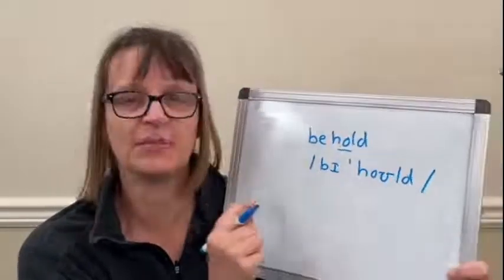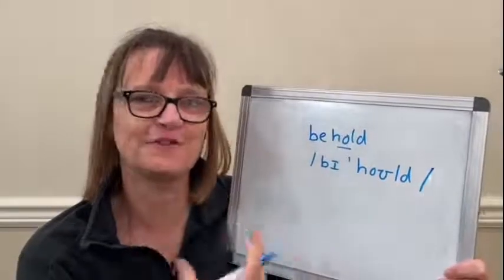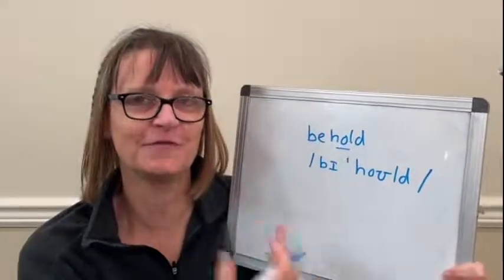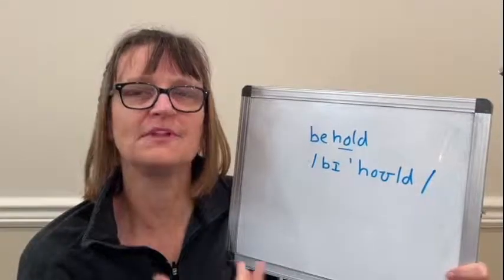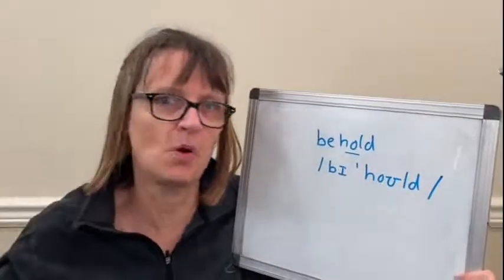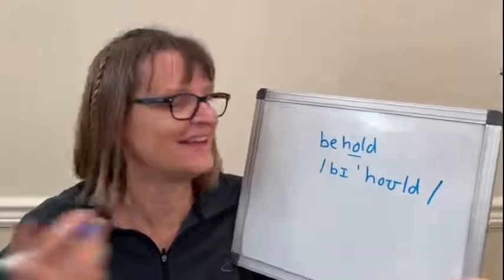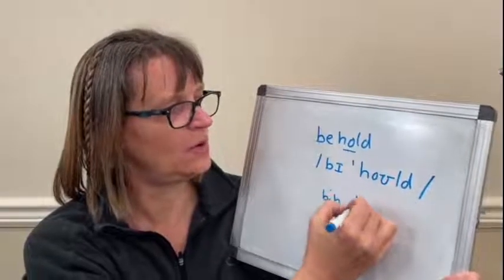So it sounds more like behold, behold. If I'm saying it by itself, though, sometimes, again, that letter E is going to influence how I hear it. So I might say a little behold if I'm going slowly and just saying the word by itself. But if I'm saying behold the beautiful flowers, it's going to be an I sound like in it. So behold.